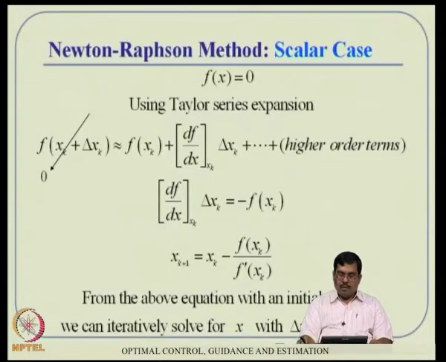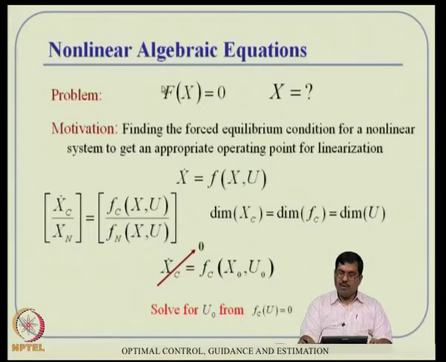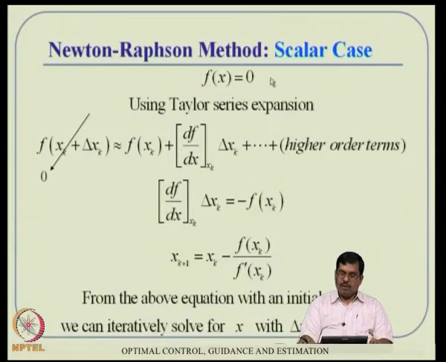Now we will start with a simple solution idea. First we will see a scalar. By the way, there are many numerical methods available, one of which is popularly known as the bisection method. That means if you talk about a scalar expression and you have two guess values, then there is something called the bisection method, and there are other ideas as well.